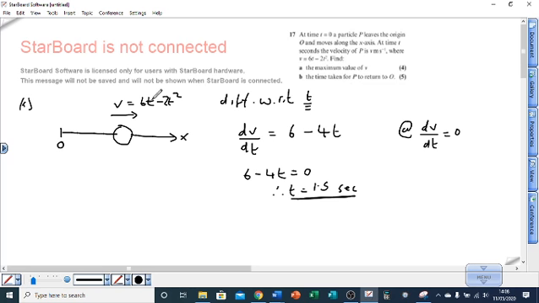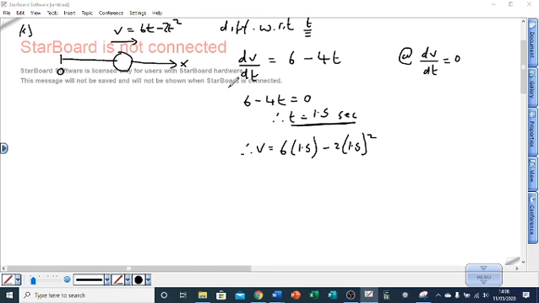Right, now we've got to find the maximum value of v, so now you've got to shove that back into here. So therefore, v is equal to 6 lots of 1.5 minus 2 lots of 1.5 squared. Okay, so calculator out, and there it is.